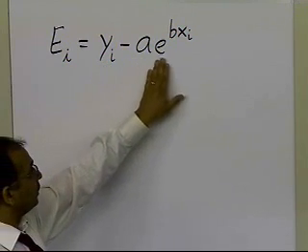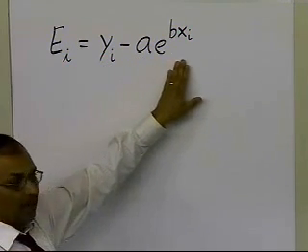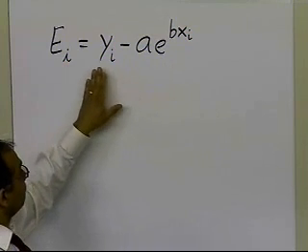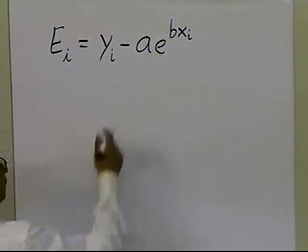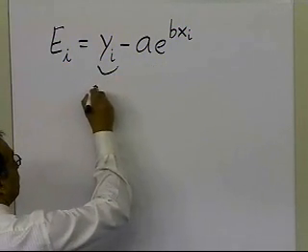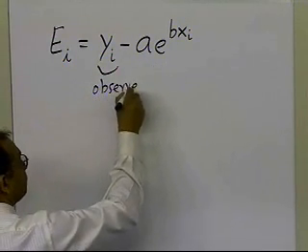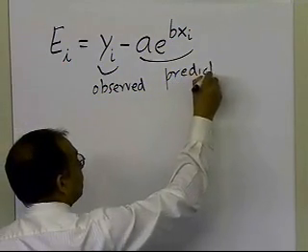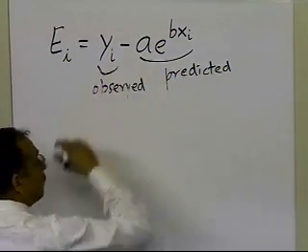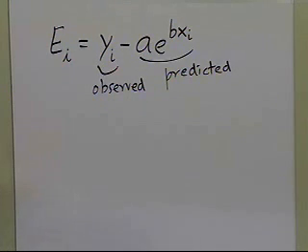But when you draw this exponential model as the best fit for the data, the residual is the difference between what is observed and what is predicted. So this is your observed value and this is your predicted value, and the difference between the two is the residual.